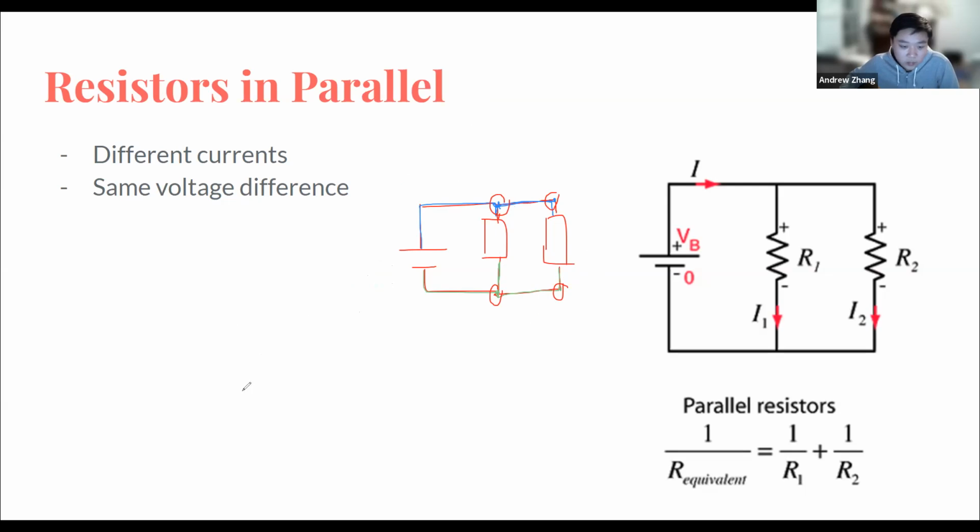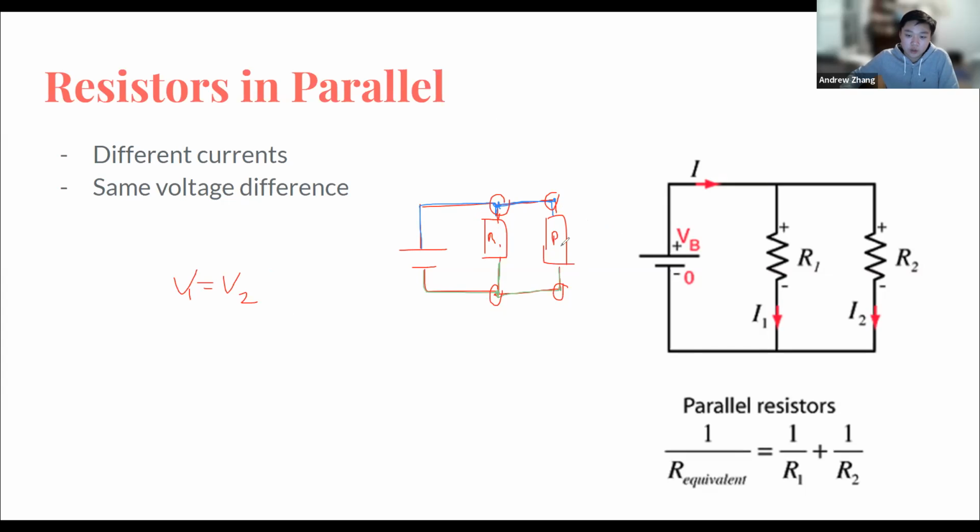So if we just write this equation, we can call this V1 between these 2 points, and this one V2. So this is V1 equals V2, right? That's just what we showed. And then let's say that this resistor is called R1.